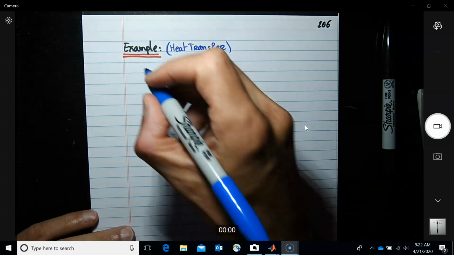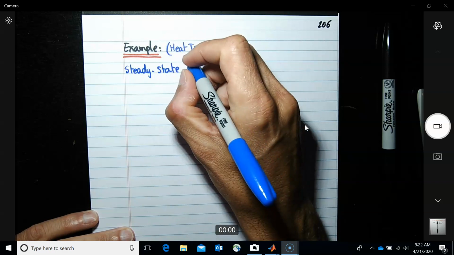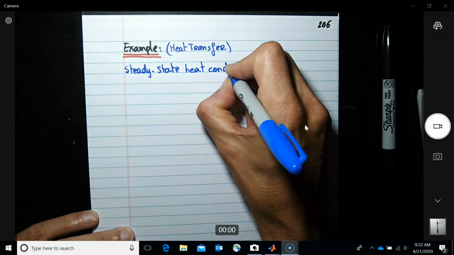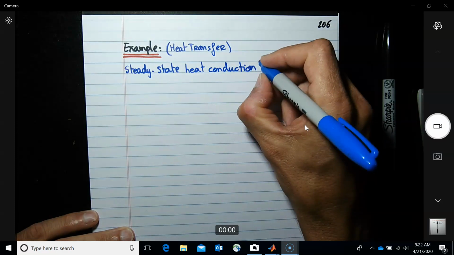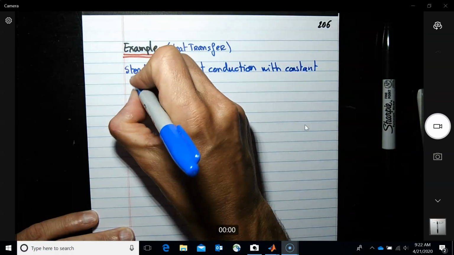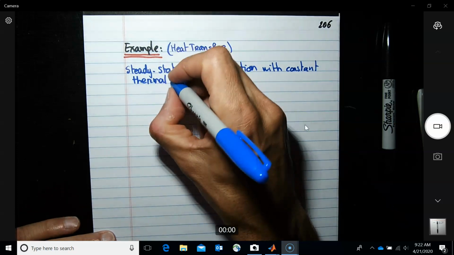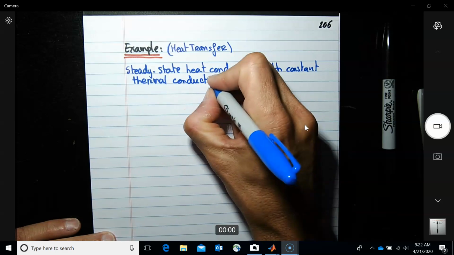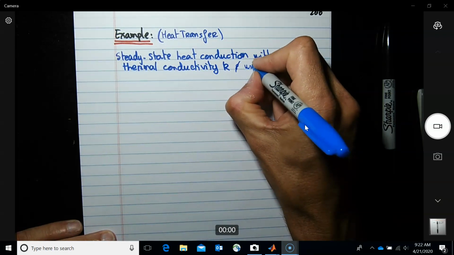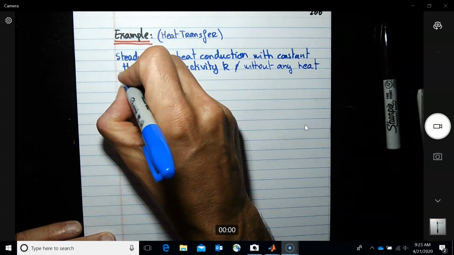Let's say steady state, which means what? dT/dt equal to 0, so steady state heat conduction with constant thermal conductivity, and without any heat generation.